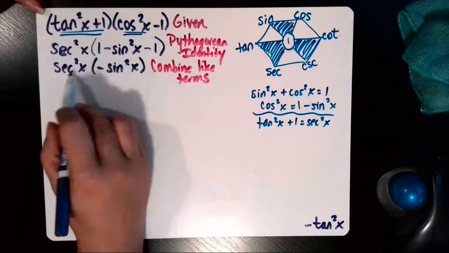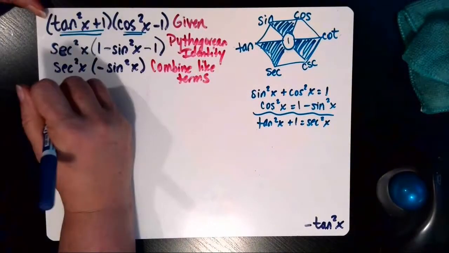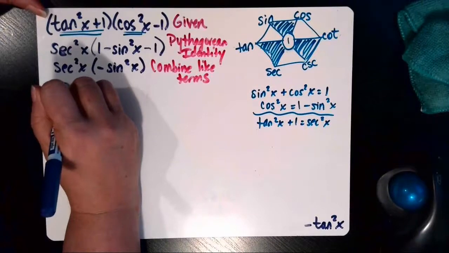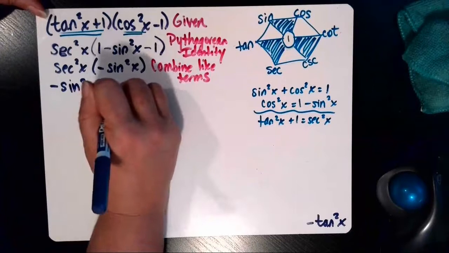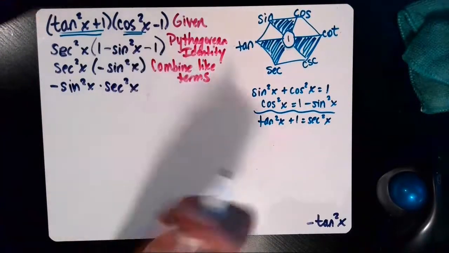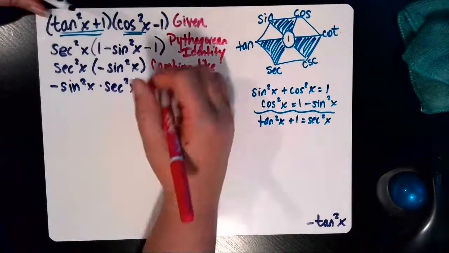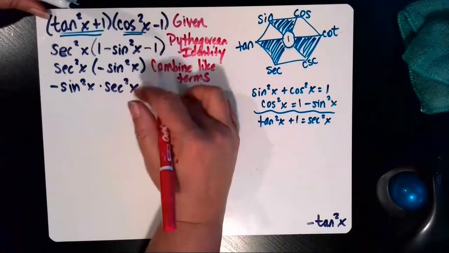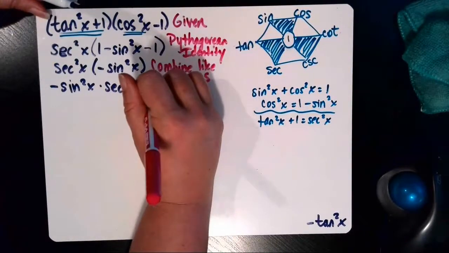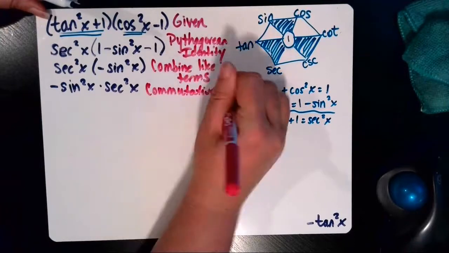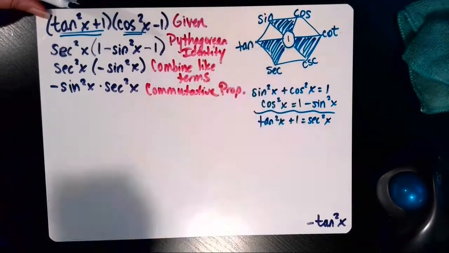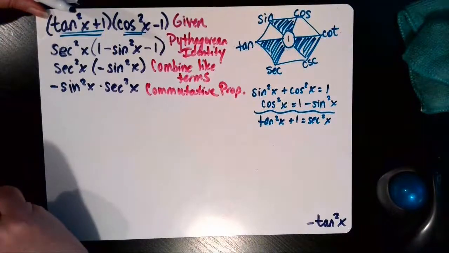And then when we multiply these together, that negative can come out to the front. So we'll have a negative sine squared x times secant squared x. And we multiplied and then we used the commutative property for multiplication there to get that sine squared x in the front.